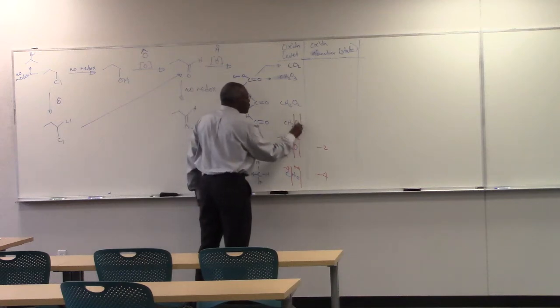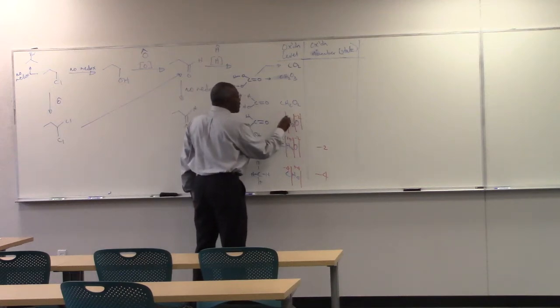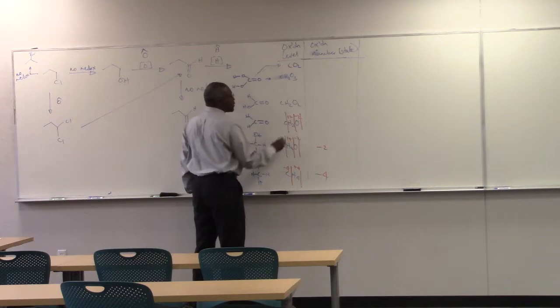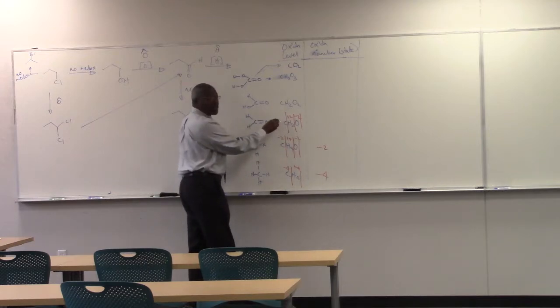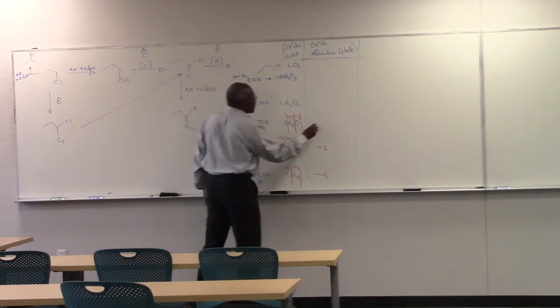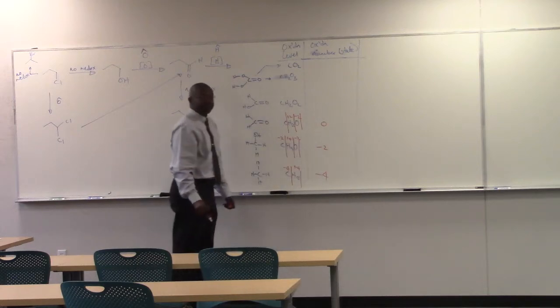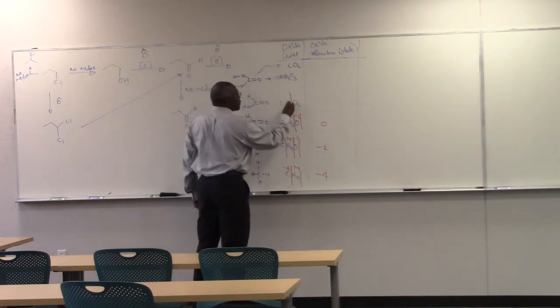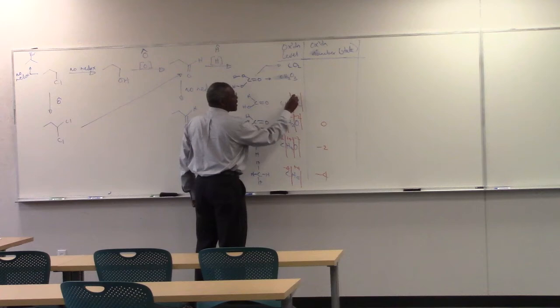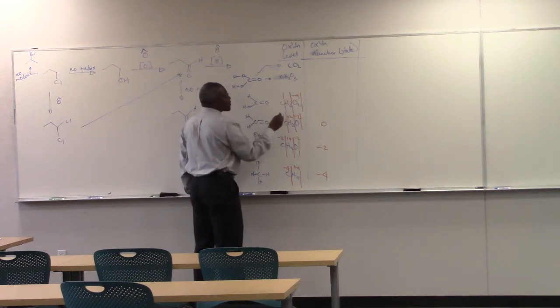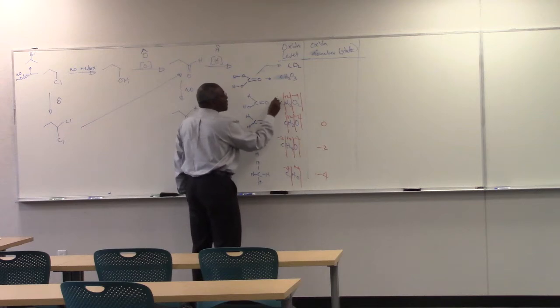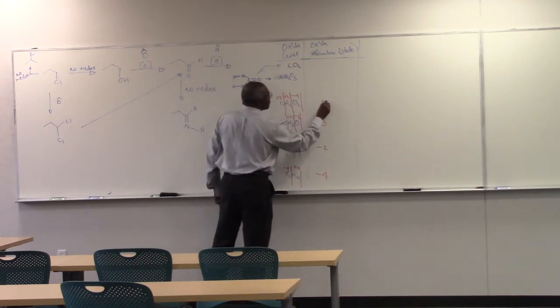Each O is -2, each H is +1, and 2 of them, so that's +2. So the formal charge, the oxidation number of this carbon, is going to be 0. Each O is -2, and the 2 of them, that's -4. Each H is +1, and the 2 of those, that's +2, which means the carbon must be +2.